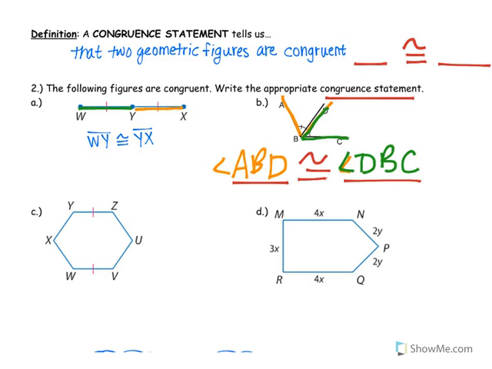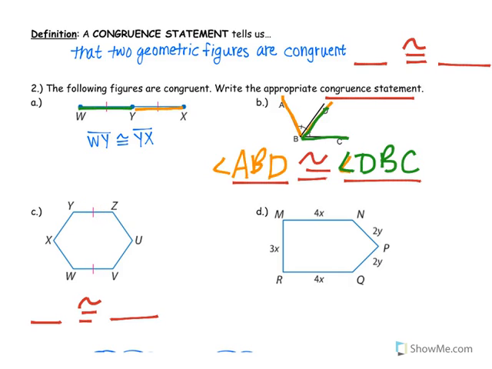All right, we just have two more examples, and this is where some things get interesting. So looking at this geometric shape with 1, 2, 3, 4, 5, 6 sides, this is a hexagon. And remember, we're trying to write a congruent statement. So I know something is congruent to something else, and we have to use the tick marks to figure out what that is. So I see one tick mark here, and I see another tick mark down here.